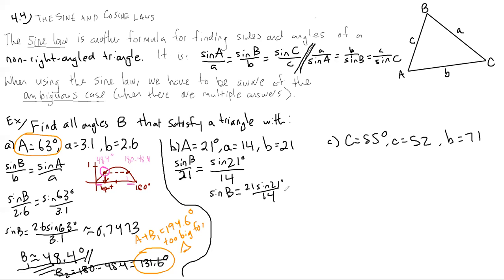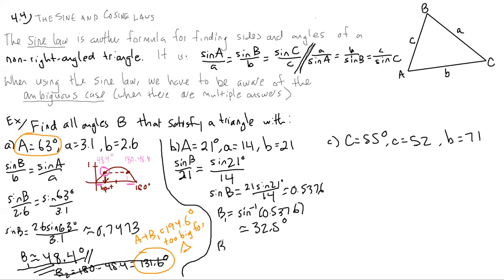Which is 0.5376. And so B1 is the inverse sine of 0.5376, and we get 32.5 degrees.